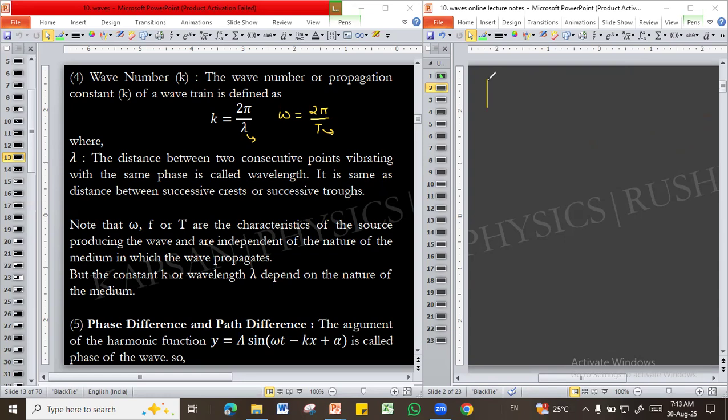Now suppose this is our wave at time equal to 0. The string, photograph of the string looks like this at time equal to 0.